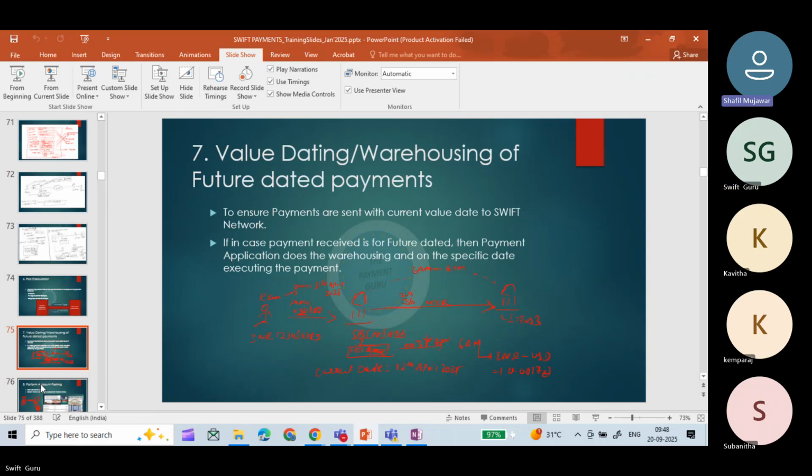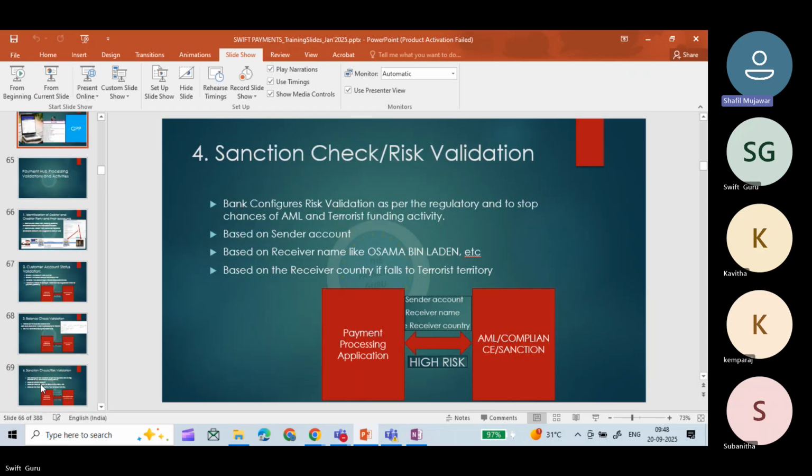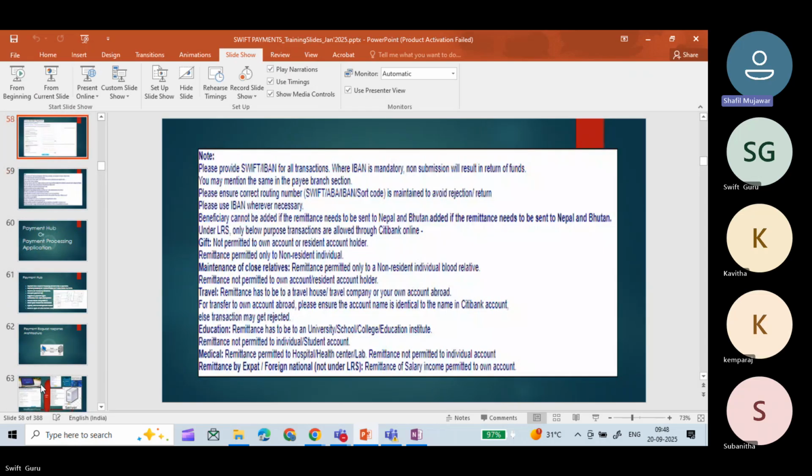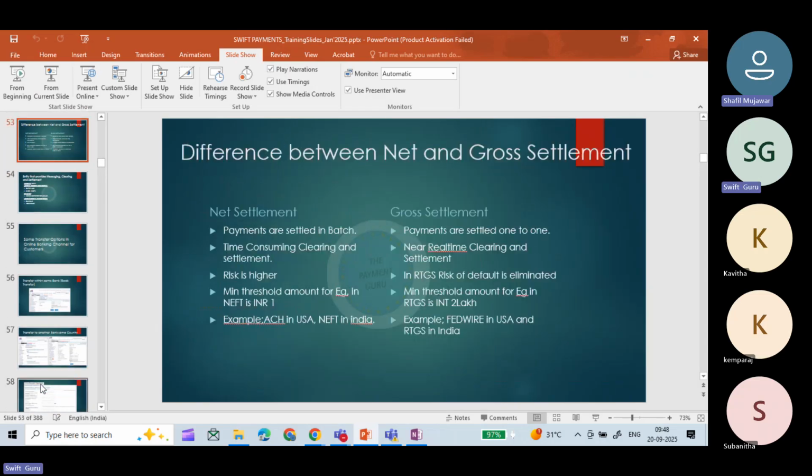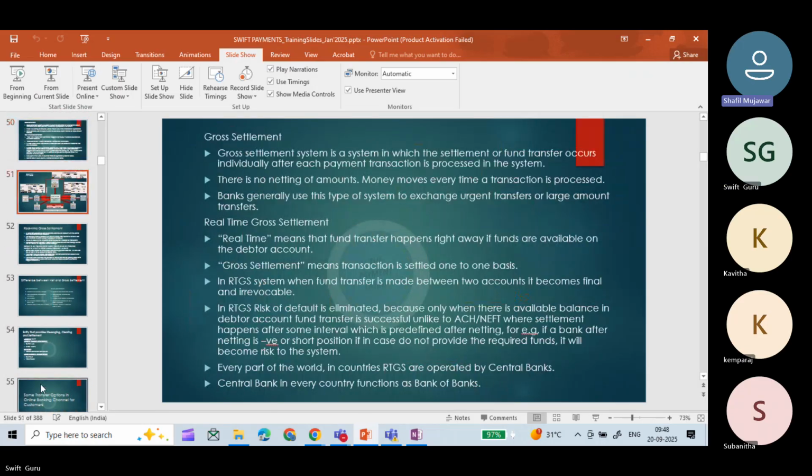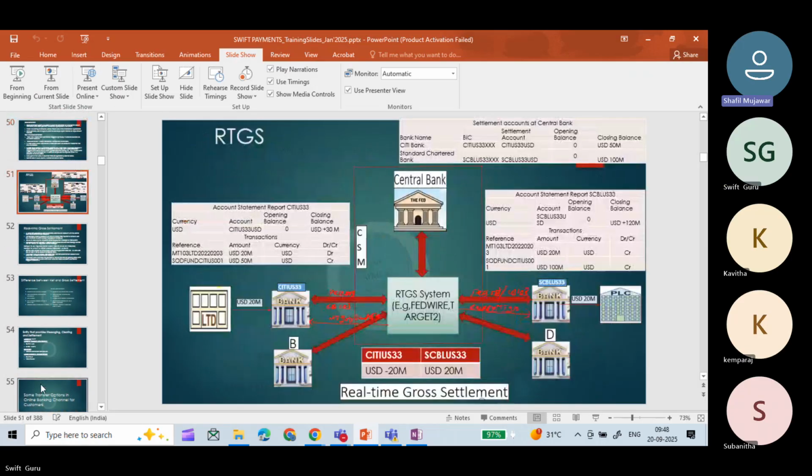Kumar: You have shown City US is transferring funds to SCBL. So here, as you said, no SWIFT is used because both the banks are in the same country.